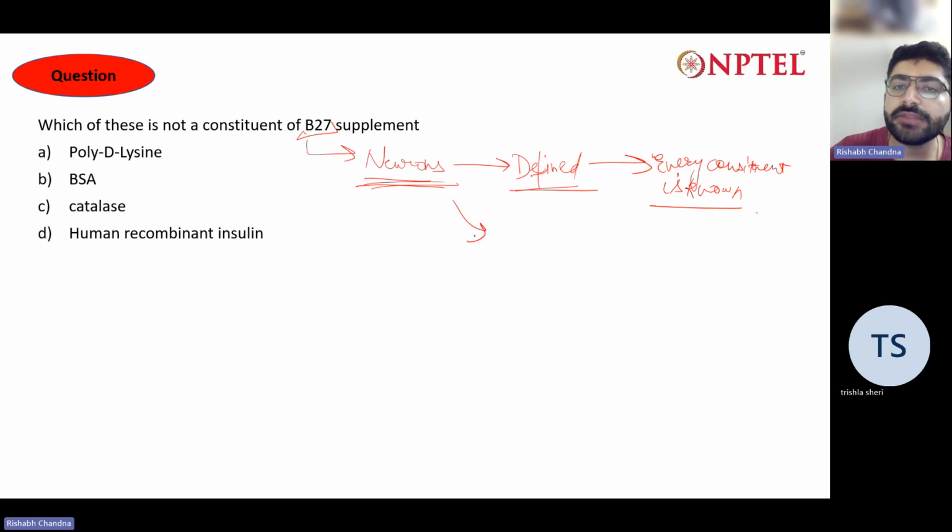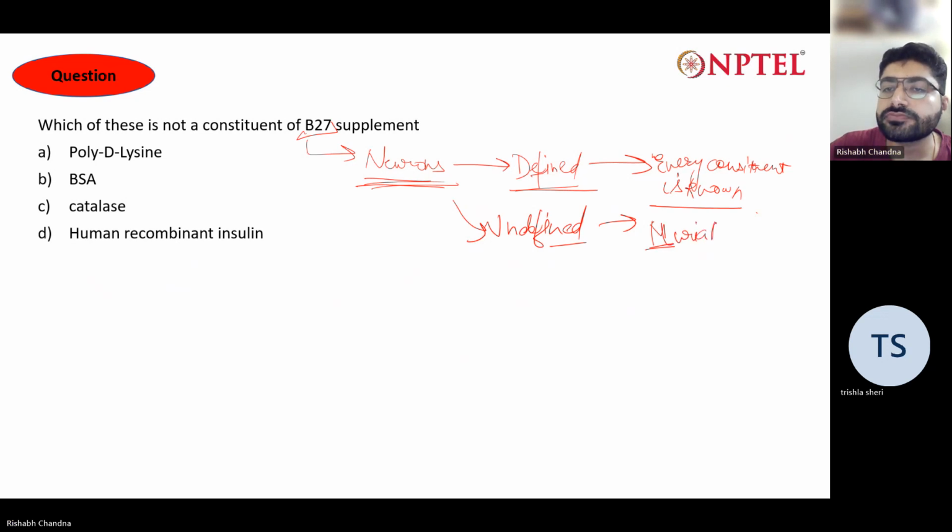What is an undefined medium? An undefined medium is one where we do not know the complete constituency of that particular medium. For example, there is a bacterial medium that we use, Luria agar or something like that. Luria agar basically consists of tryptone broth or yeast extract.